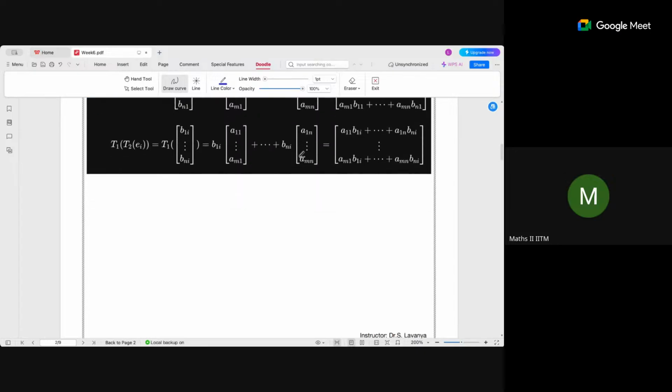Remember, for T1 composition T2, what should be the columns? The columns should be T1 of T2 of e1, T1 of T2 of e2, and up to T1 of T2 of en, right? This is how we have to represent it.